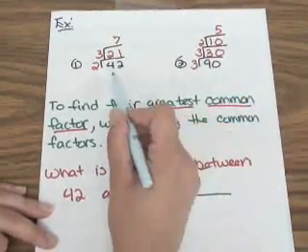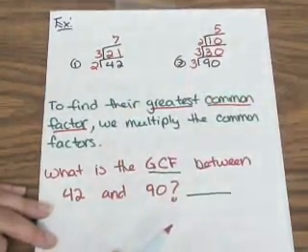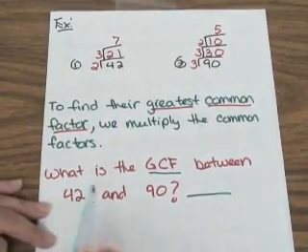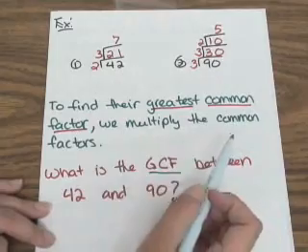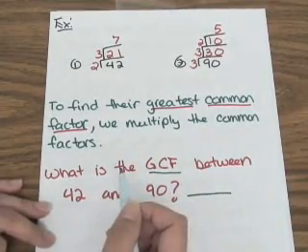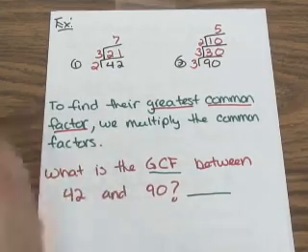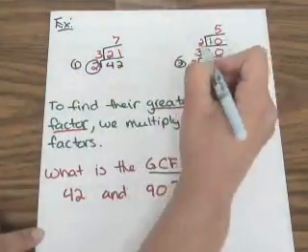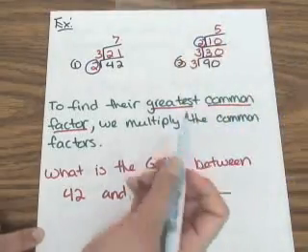And the reason we would do this is because we want to find the greatest common factor. To find their greatest common factor, we're going to multiply the common factors. So let's look at what factors they have in common. They both have the number 2 as a common factor. And they also both have the number 3 as a common factor.